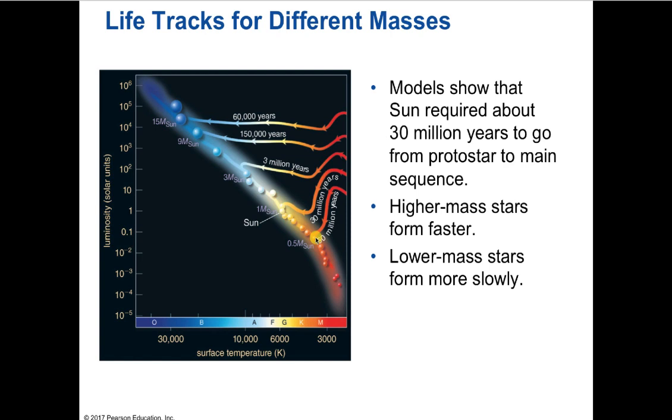So you can have a cluster of stars where you've already got black holes and neutron stars that have formed, and you have many of the lowest mass stars not even fully formed yet. And so that is definitely possible. So high mass stars live their lives very quickly, and low mass stars take their own sweet time. They take a very long time to be born in the first place.